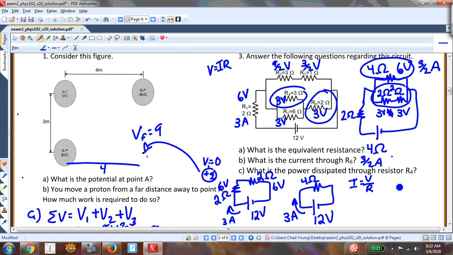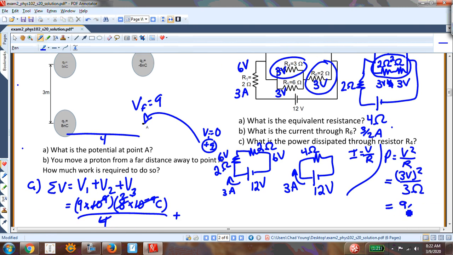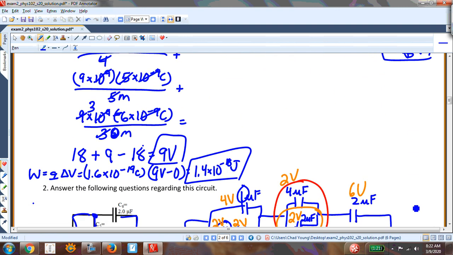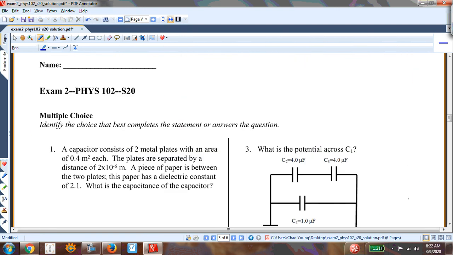I know V and R, and so power is equal to V squared over R. And so that's going to be 3 volts squared over 3 ohms, or 9/3 watts. Okay, which is 3 watts, I'm sorry. So that's just 3. All right, let's move on to the multiple choice.